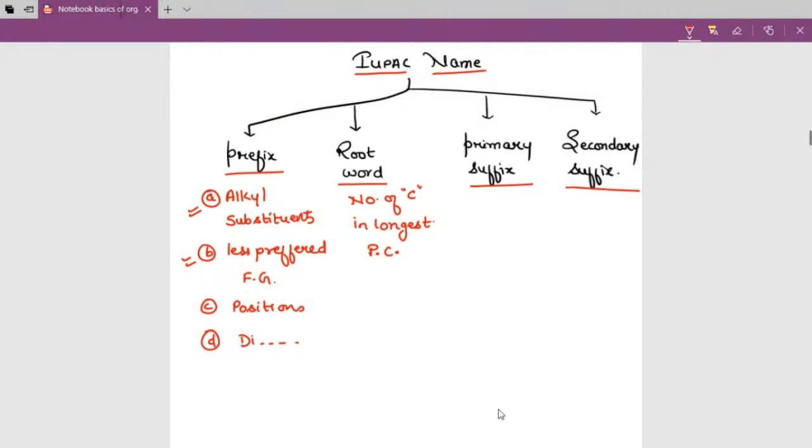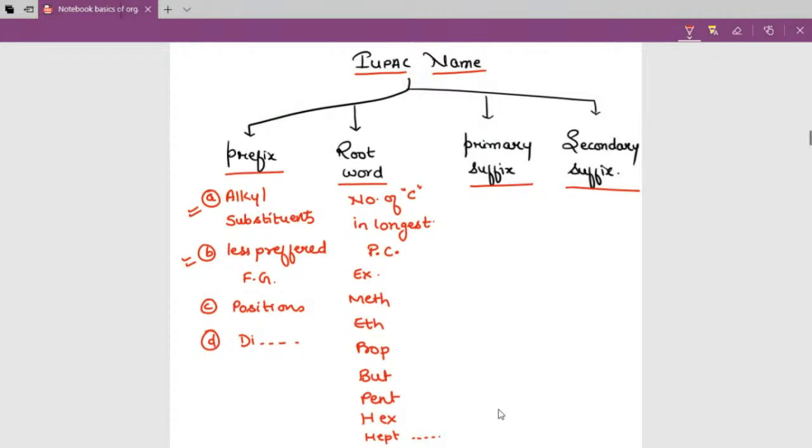For example, you must be aware of the words like meth, eth, prop, but, pent, hex, hept, etc. Okay, so these are the root words.